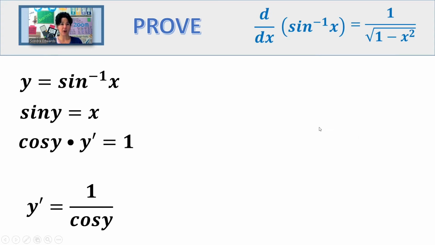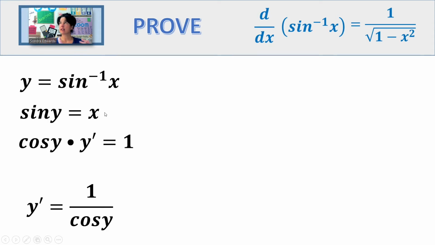So we have to figure out a way that we can rewrite what we have here, 1 over cosine y, and change the y's into x's. Well, what's the only thing we have here where x's and y's are related to one another? Okay, so looking back up here, x is equal to the sine of y. So we're going to use this fact to get rid of the y here.